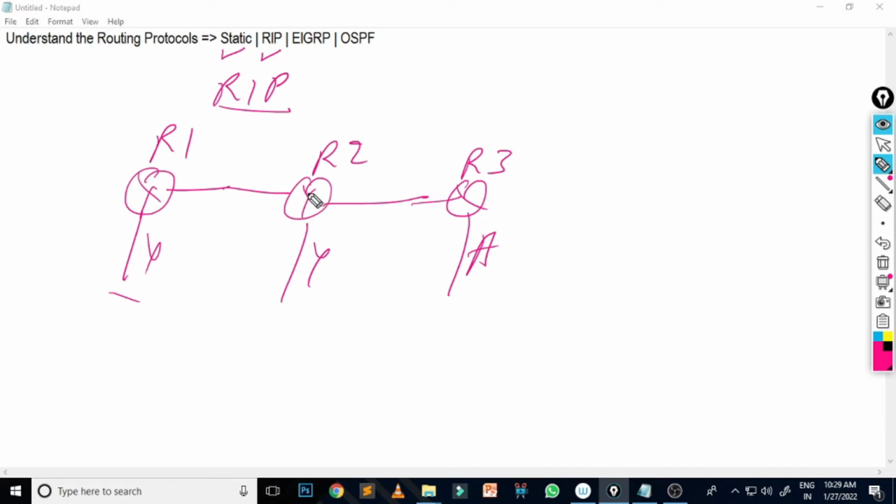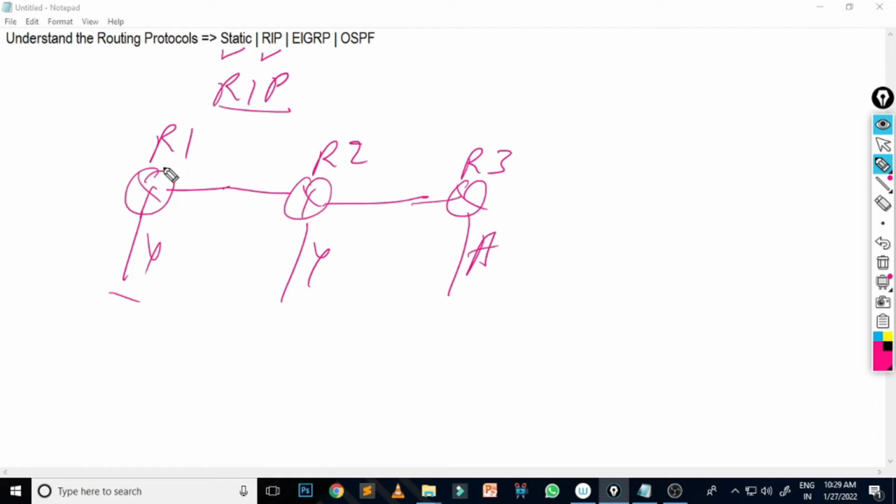Once you configure RIP, all the routers automatically send hello packets to one another, so they sync with each other and understand which network is available in which direction and what routes are available for that particular network.